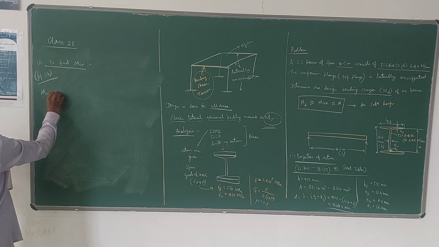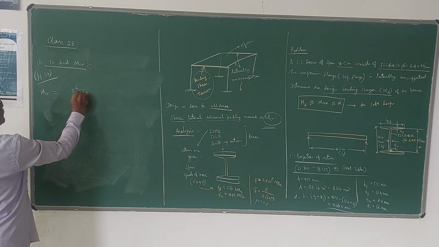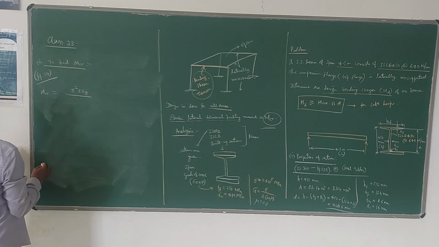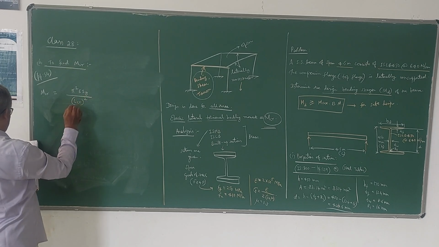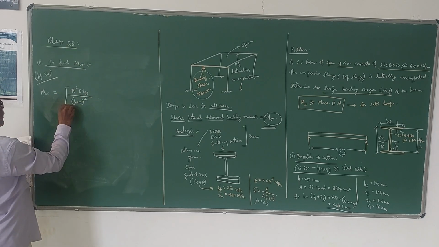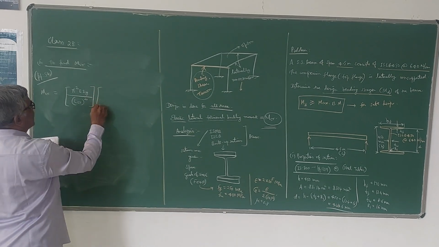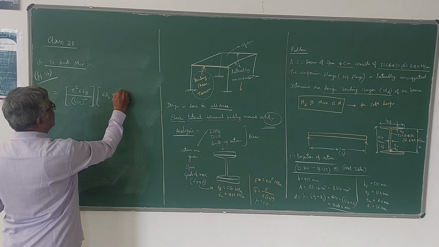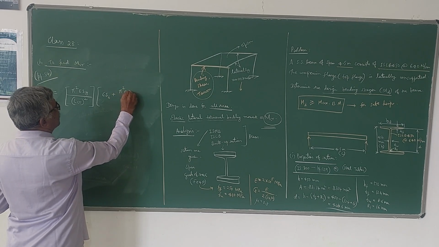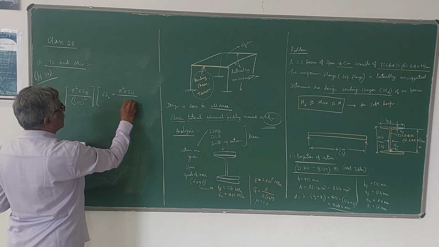MCR is equal to pi square EIY divided by LLT whole square. Do not miss any term. Into GIT plus pi square EIW divided by LLT square.